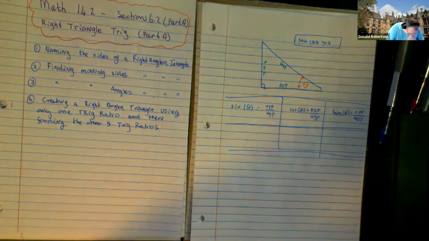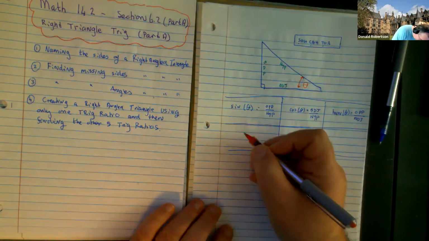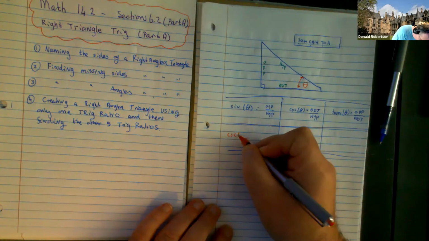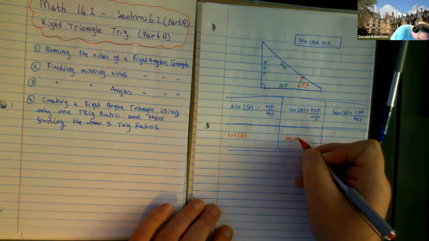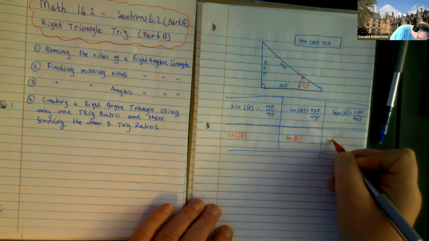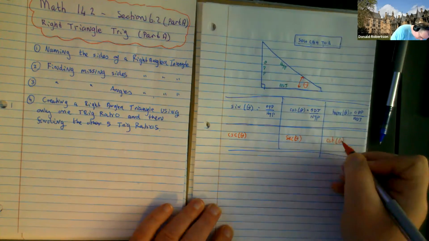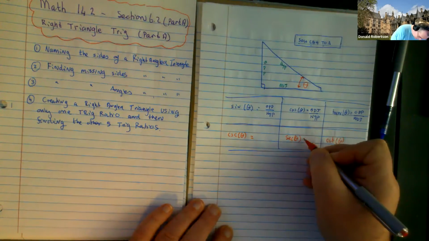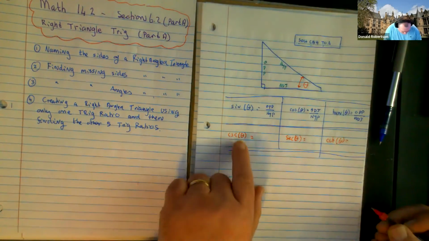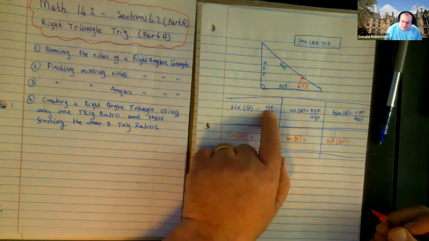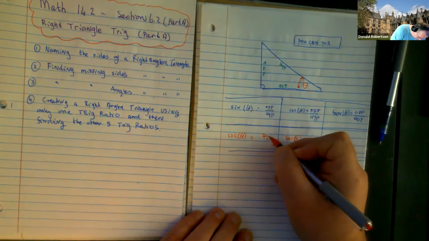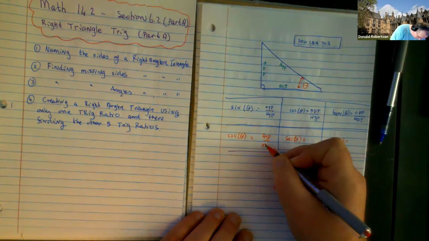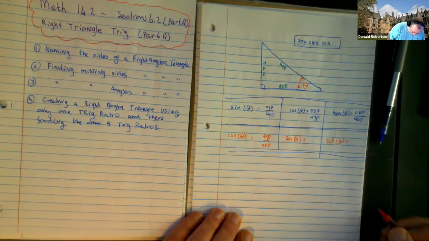Now we're going to do the other 3. They are the cosecant of theta, the secant of theta, and the cotangent of theta. To get the cosecant, it's essentially the reciprocal of the sine. If you know one and you turn it upside down, that's what reciprocal looks like, you get the other one.